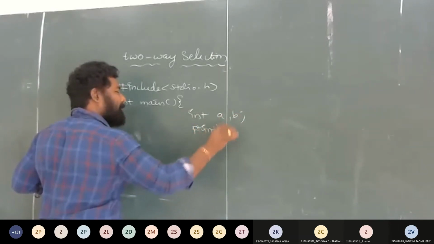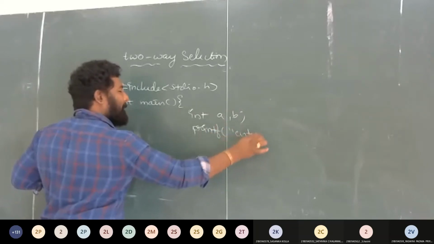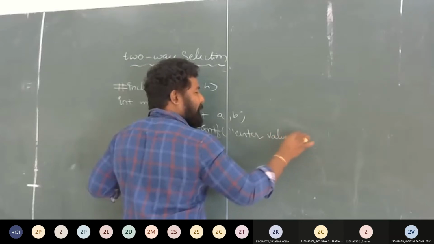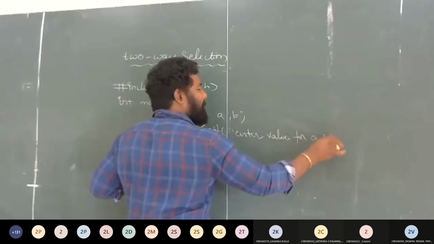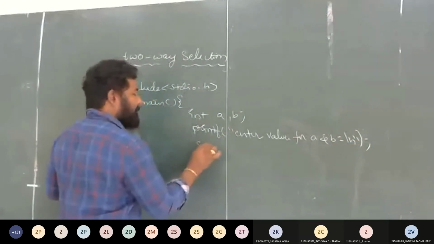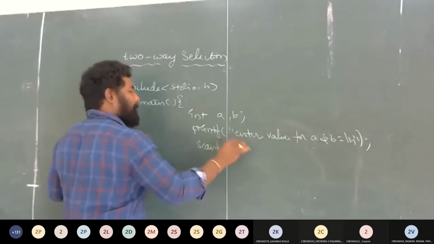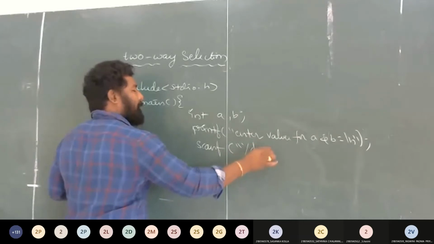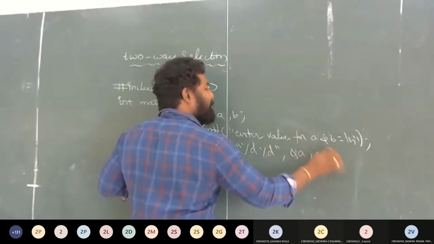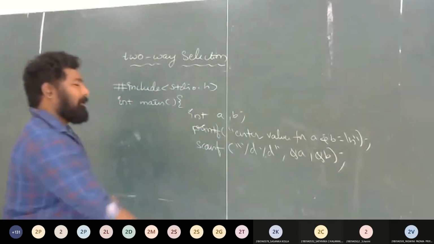So printf enter values for a and b, then scanf two %d, one for a and another one for b, right?